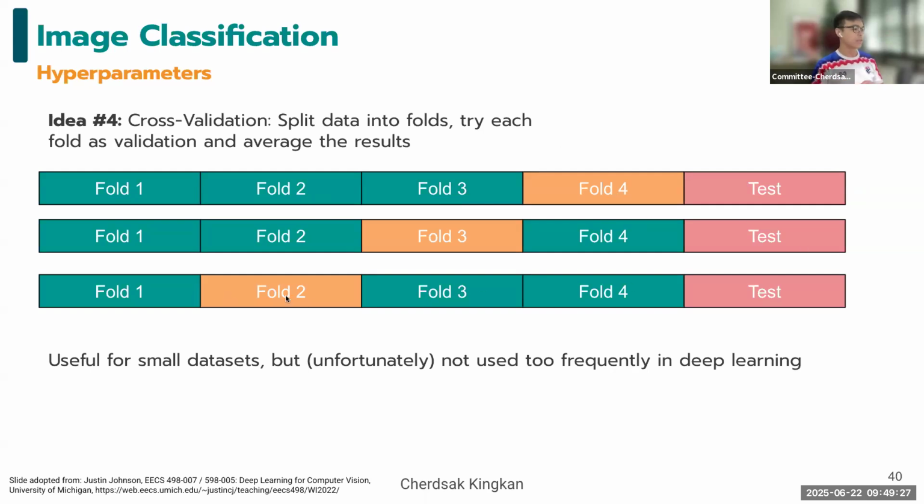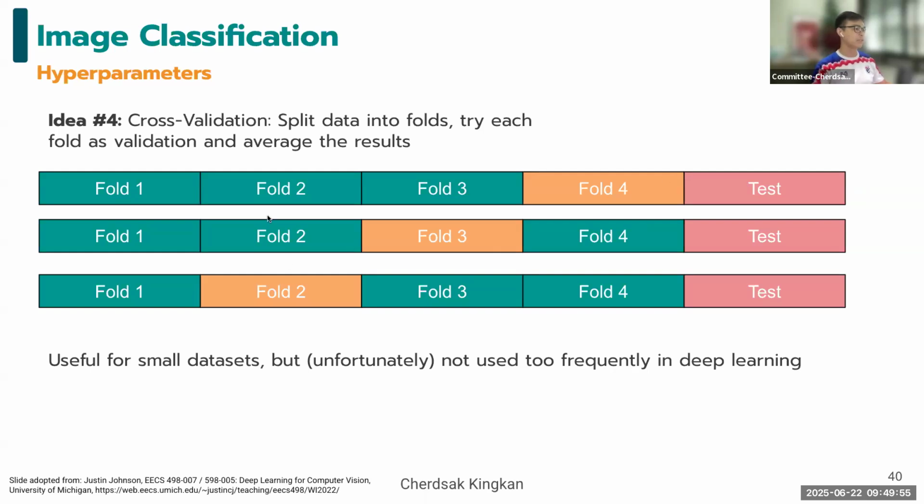Then you calculate the average over the results among these shufflings, see which one is working best, and then you select the hyperparameter based on that, right?